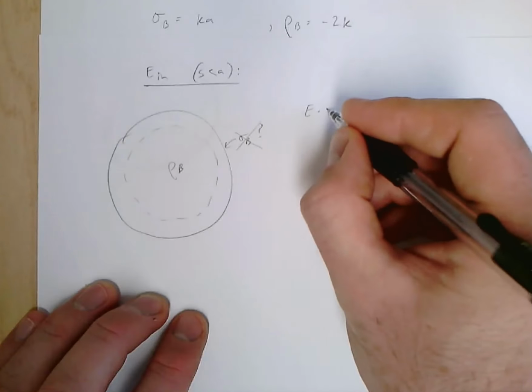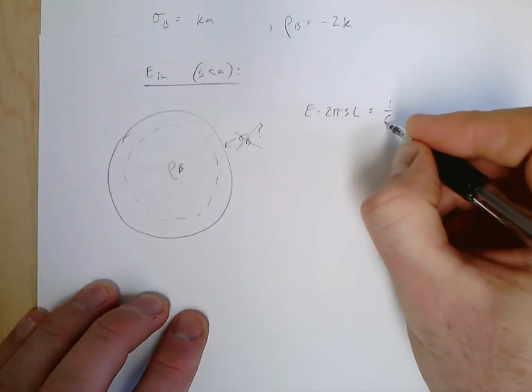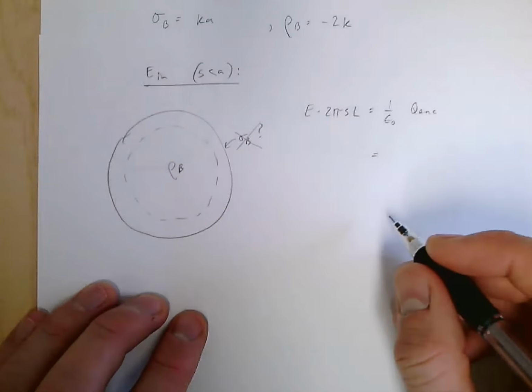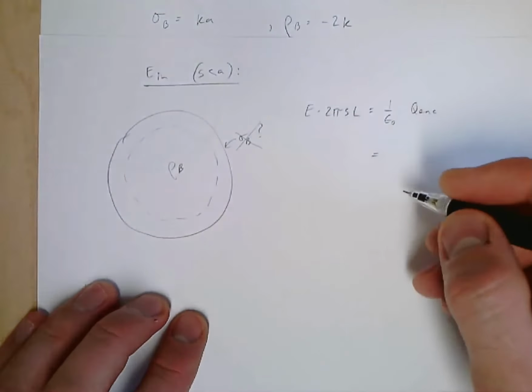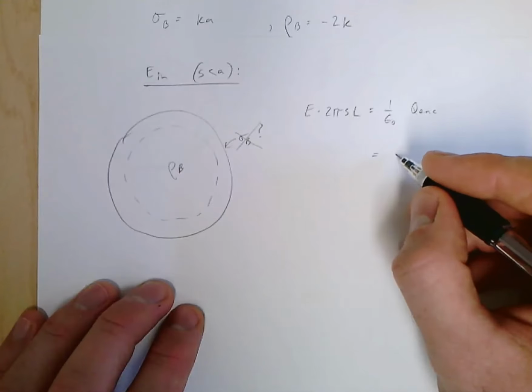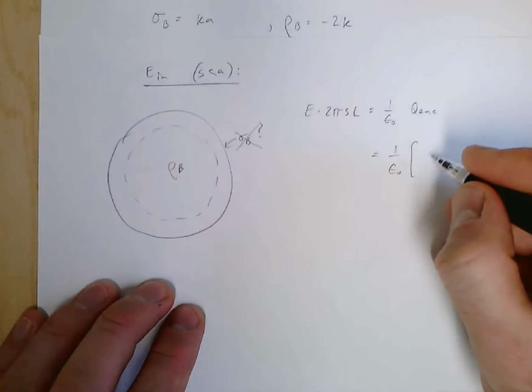Basically we're going to have E times 2 pi SL, and that's going to be 1 over epsilon naught times the Q enclosed. Now the Q enclosed is only going to be the rho contribution at this point. Rho can come outside the integral, but I'm still going to redo some of the steps because it'll help us in the next part.